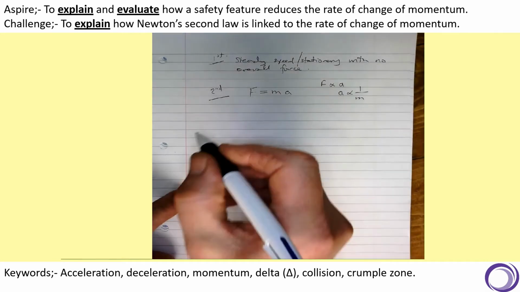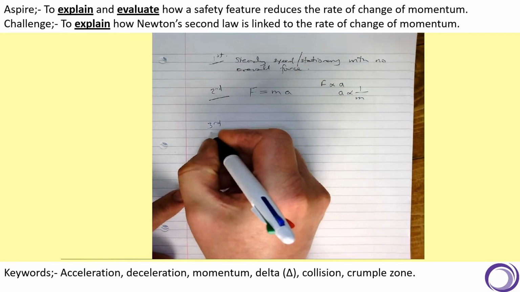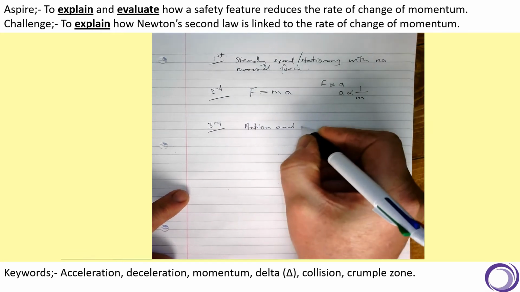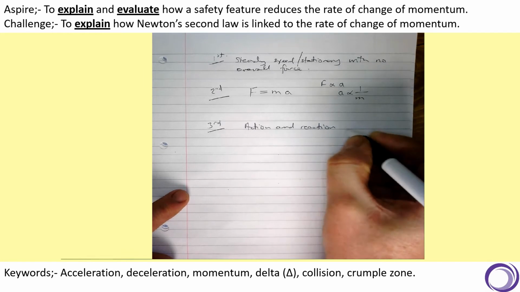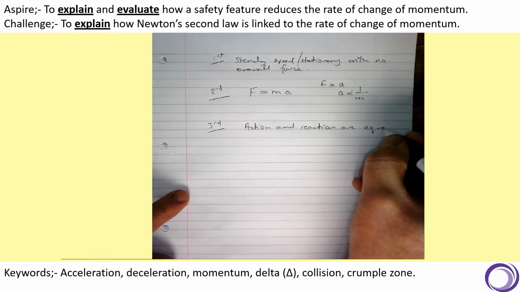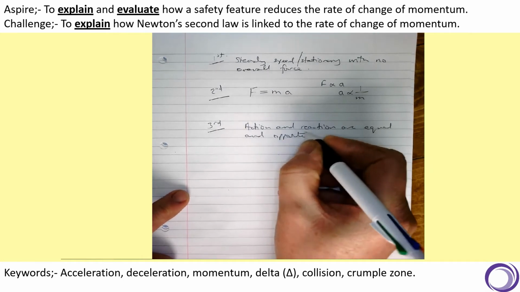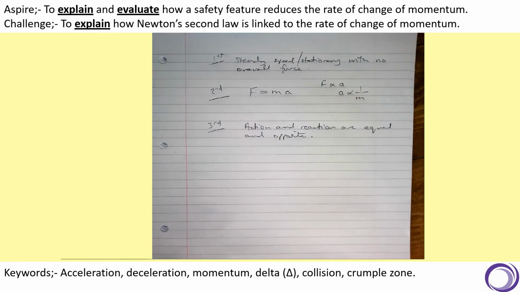A reminder of Newton's third law. Action and reaction are equal and opposite, or you might have seen that before as for every action there's an equal and opposite reaction. In other words, for every force there's an equal and opposite force.